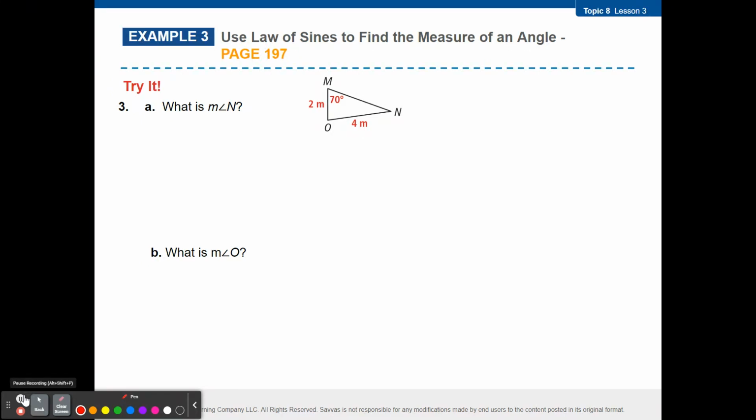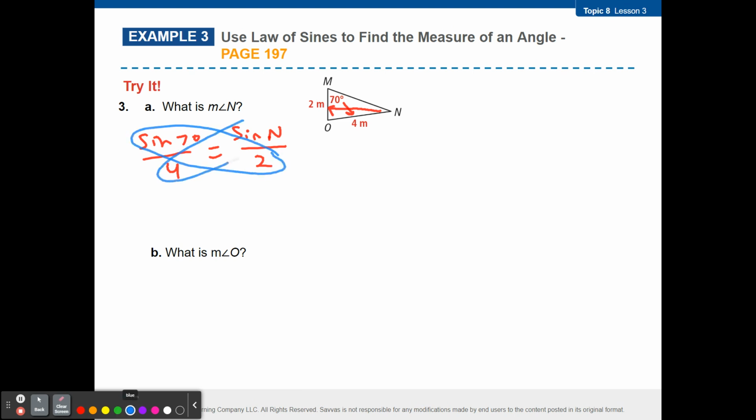Okay. So looking at this, here is my M. So I'm doing sine M, which is sine of 70 over 4, equals, here's N, and I have that side right there. So this will be the sine of N over 2. I am going to cross multiply.